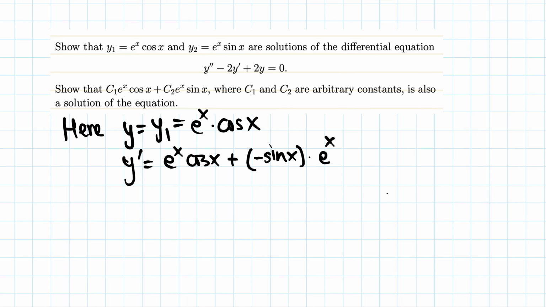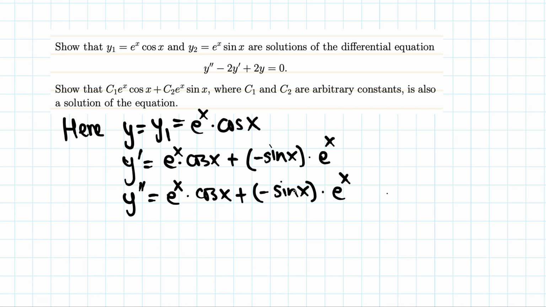We also need y'', so let's find the derivative one more time. Now we have a product here and another product, so the product rule twice. Here e^x is e^x times cos x plus the derivative of cosine, negative sin x, times e^x.